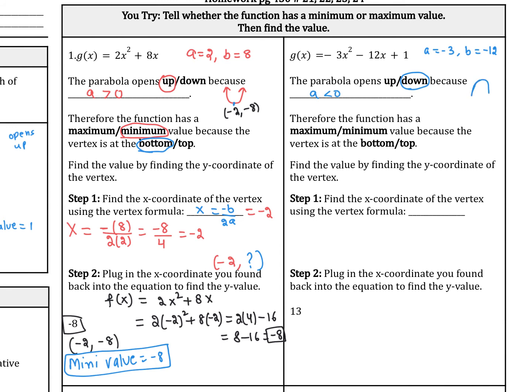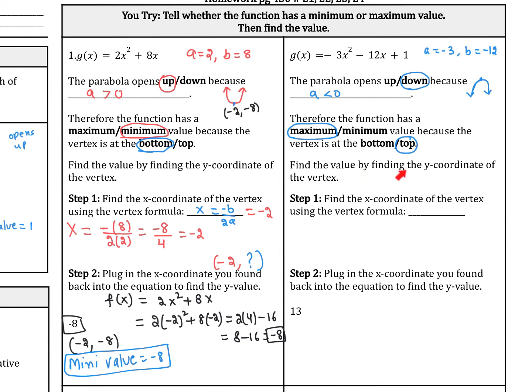So the parabola looks like this, and therefore the function has a maximum value because the vertex is all the way at the top.